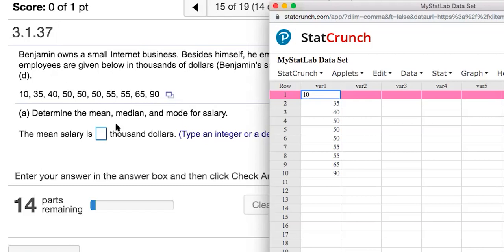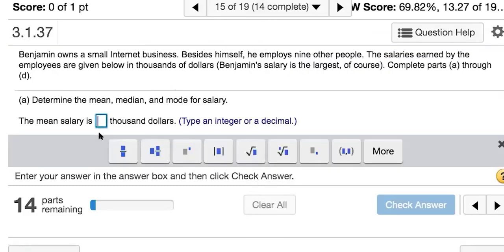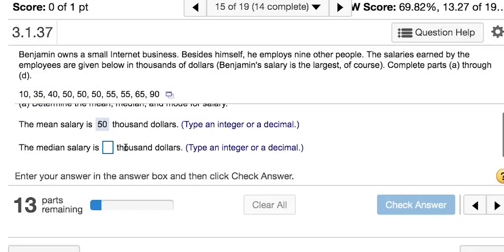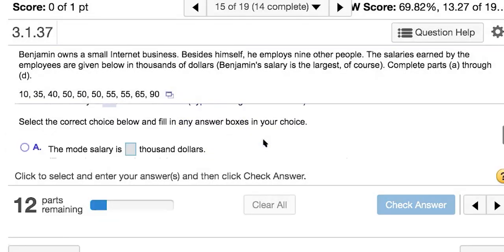So determine the mean and the median. That's going to be the mean, 50. Okay, now the mode.